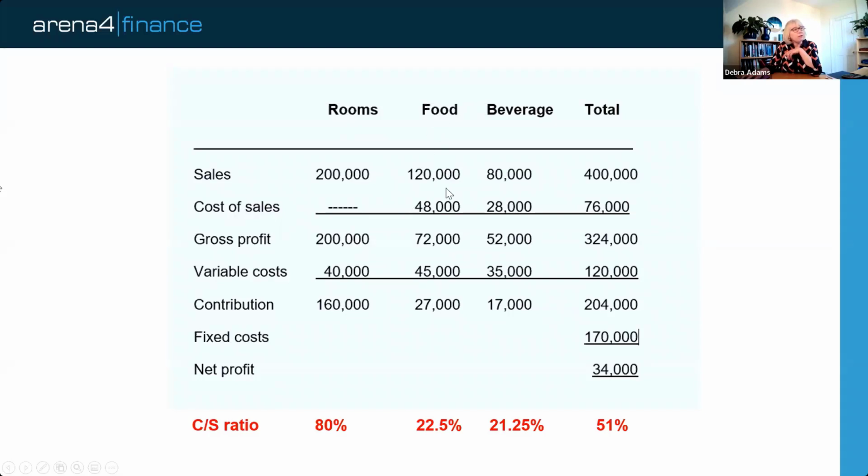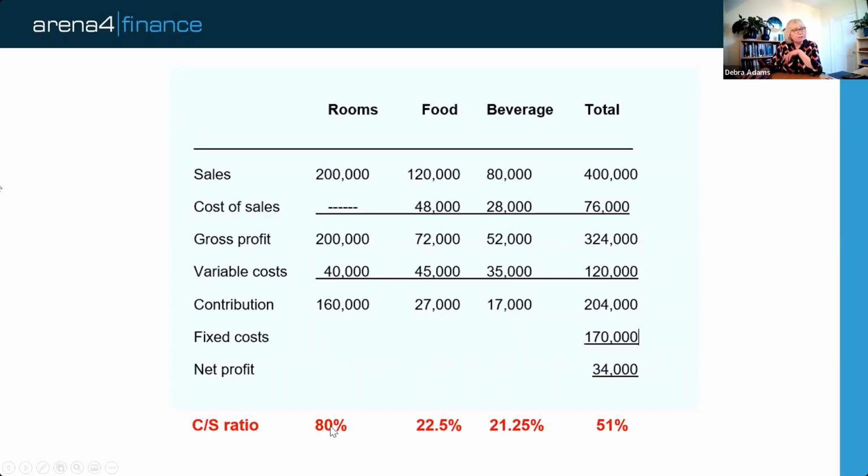Then the same for food and beverage, same structure, but now I've got some cost of sales in here, leaving me with gross profit. And in this example, there are other variables as well. So maybe some part-time salary hours, maybe some laundry costs, to give us some other variables here to result in this contribution.